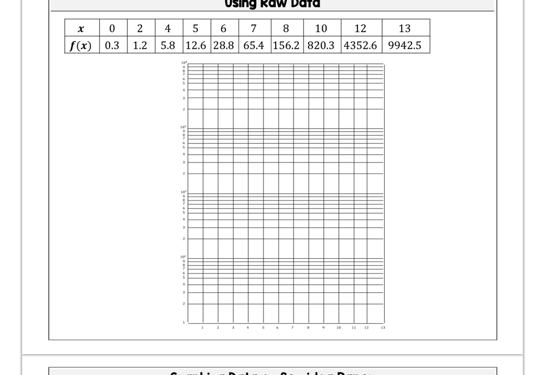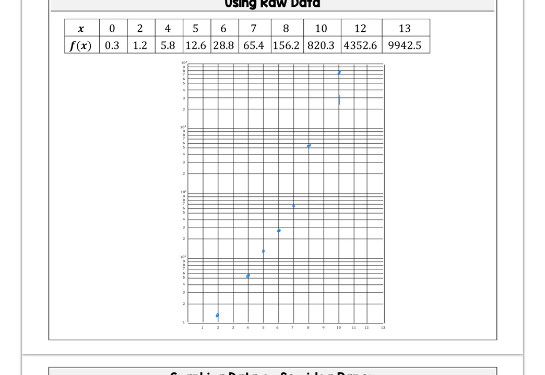We can graph 4 and 5.8. 5 is 12.6, so 10, 12.6. 6 is 28.8, so really close to 30. 7 is 65 and 4/10, so 60 is here, 65 and 4/10. 8 is 156.2. 10 is 820, so 800 is way up here, 820.3. We can't graph past that.